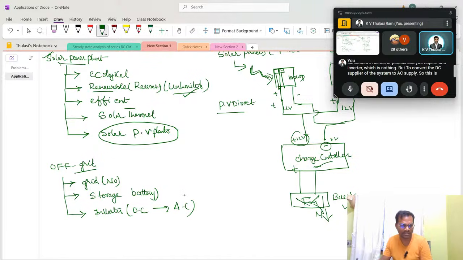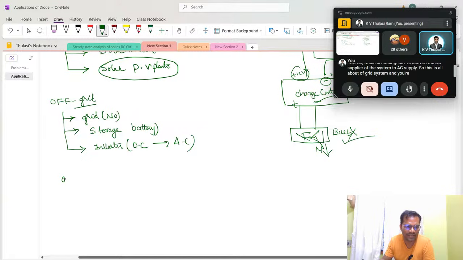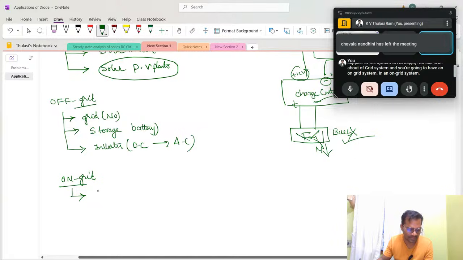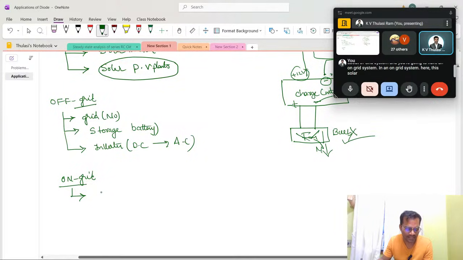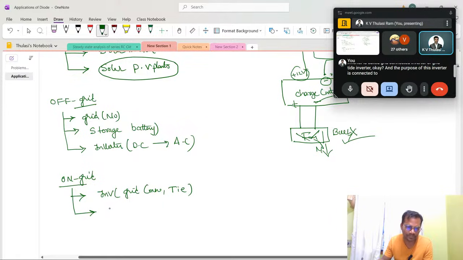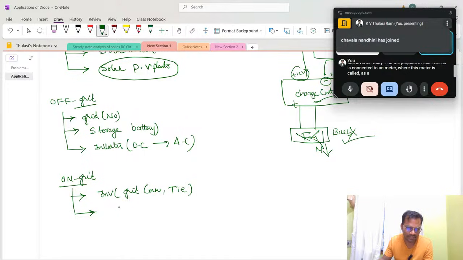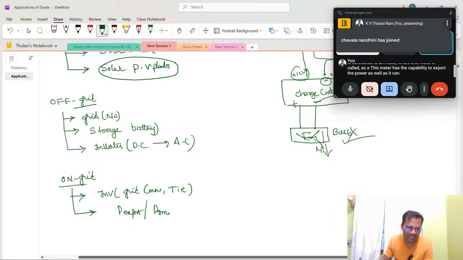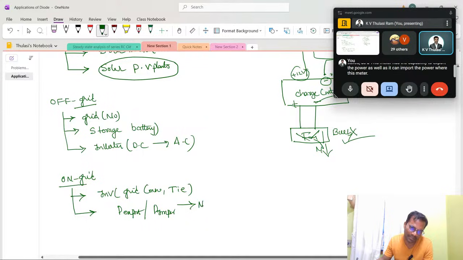So this is all about the off-grid system, and then you have the on-grid system. In an on-grid system, the solar plant is connected to an inverter, called a grid-connected inverter or grid-tied inverter. The inverter is connected to a meter that can export power as well as import power, called a net meter.